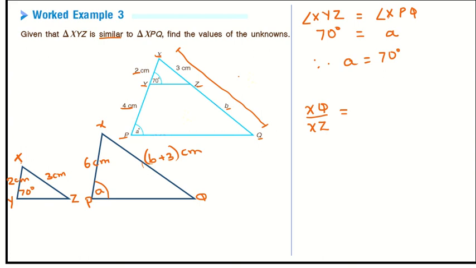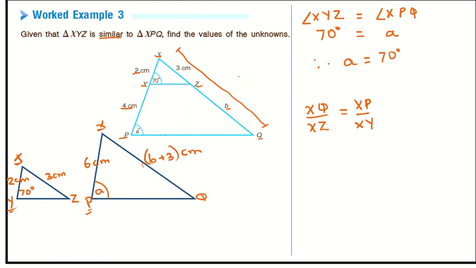So XQ out of XZ equals XP out of XY, because XP corresponds with XY.